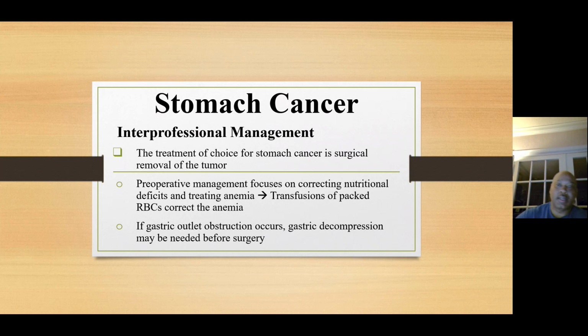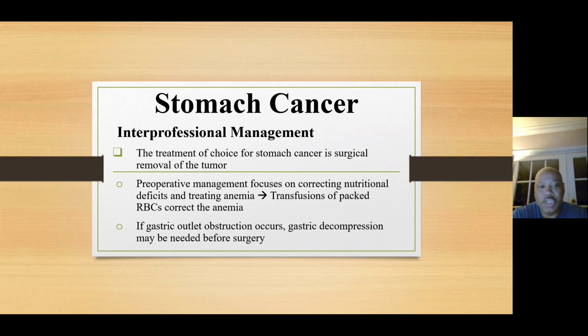And so at that point, an NG tube might be warranted. Now, as far as the surgical procedure, the surgery is aimed to remove as much of the stomach as required in order to remove the tumor and a margin of normal tissue as well, just to make sure that most of it is gotten.